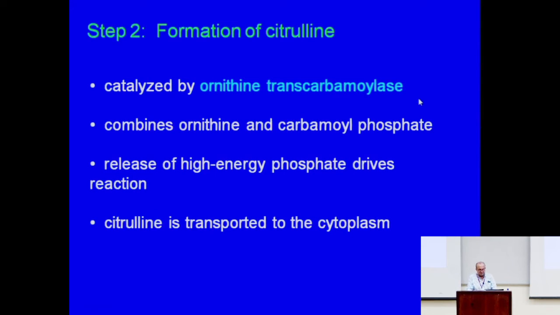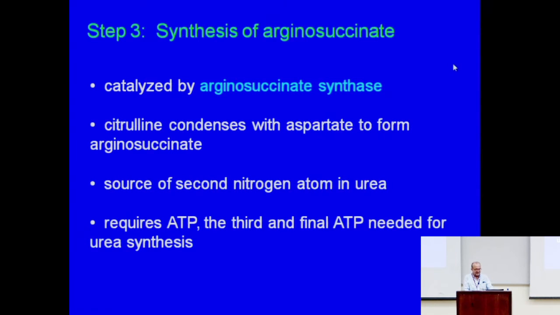The second enzyme, ornithine transcarbamylase, condenses the product of CPS1, carbamoyl phosphate, with ornithine and forms citrulline. Citrulline is moved to the cytoplasm.